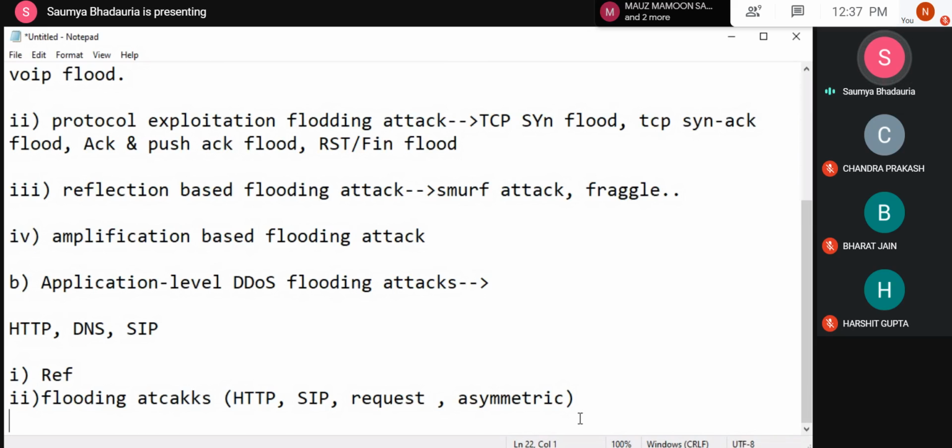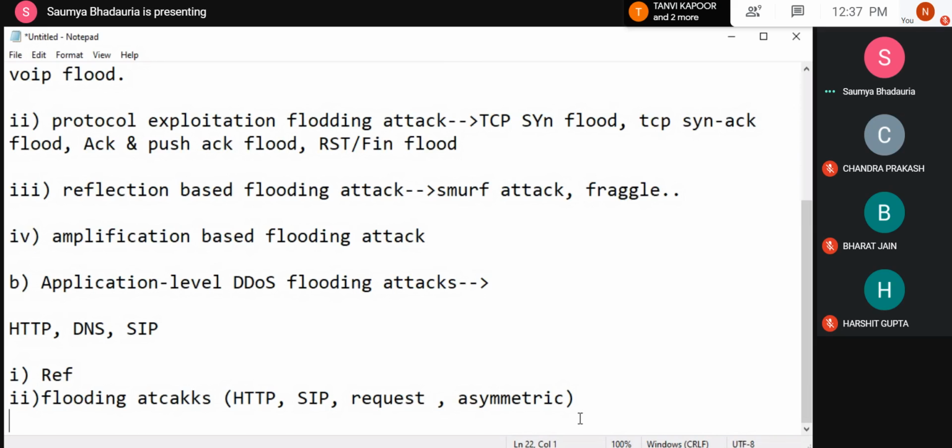Now, you can have source based, destination based, network, and hybrid defenses against network or transport level DDoS flooding attacks. These cannot be used for defense against application level DDoS flooding attacks.